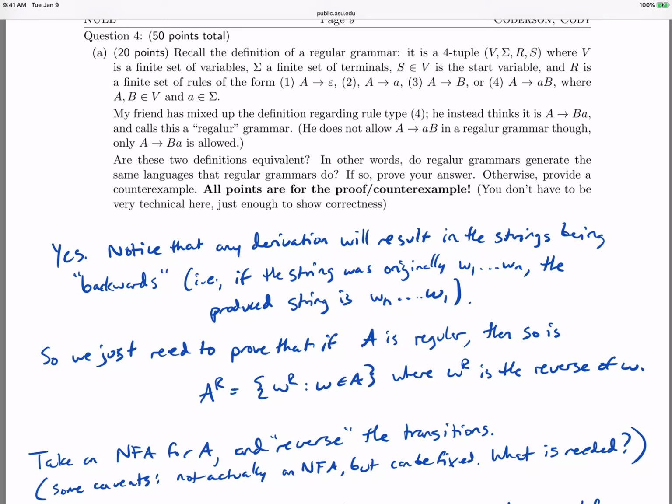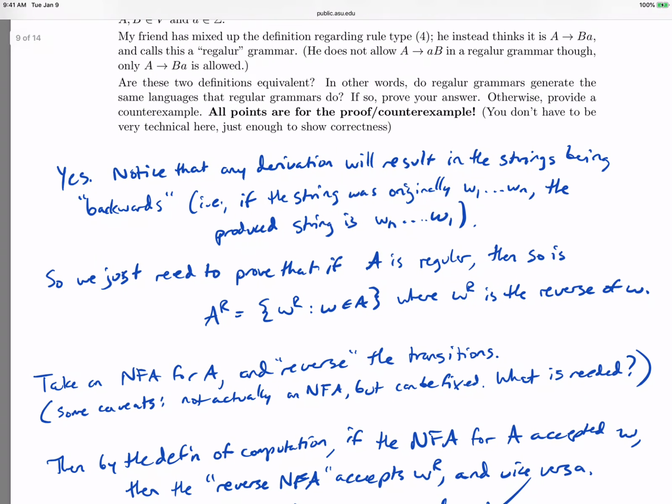So this is asking, do regular grammars have the regular languages? Are those the set of languages? Showing that one example and then flipping the right-hand side and showing that those two languages are not the same doesn't prove anything about this. It shows you that if you just did this operation, you won't get the same language, but it's regular in both cases. That's what this question's asking. Okay? So think about what this question's asking.